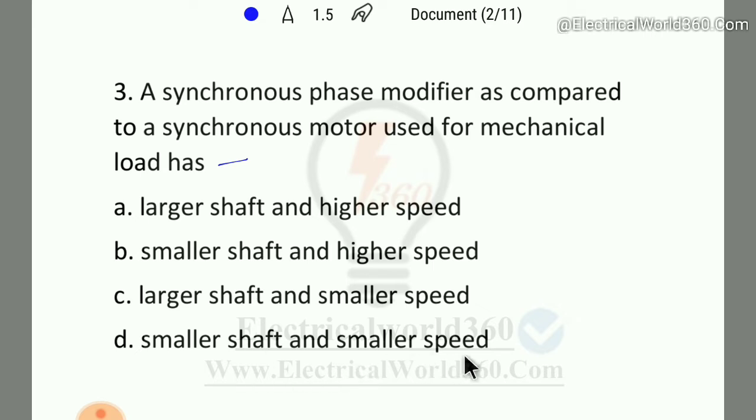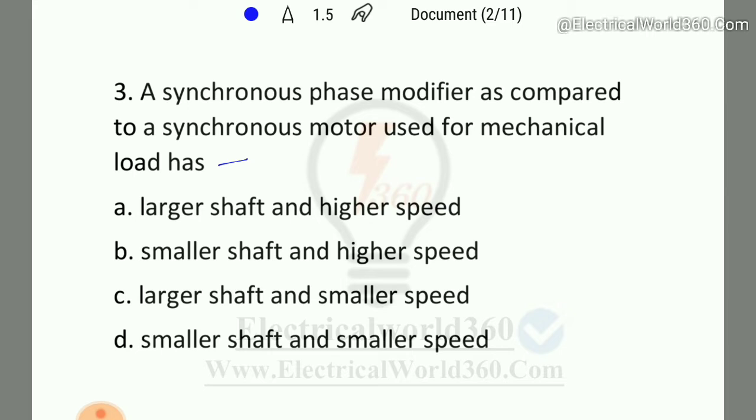So as we know, a synchronous phase modifier is nothing but an overexcited synchronous motor operating at leading power factor and used for voltage control. This differs from a normal synchronous motor as it has no external load on the shaft, due to which it has a smaller shaft.